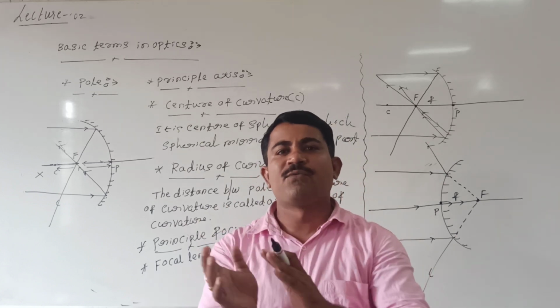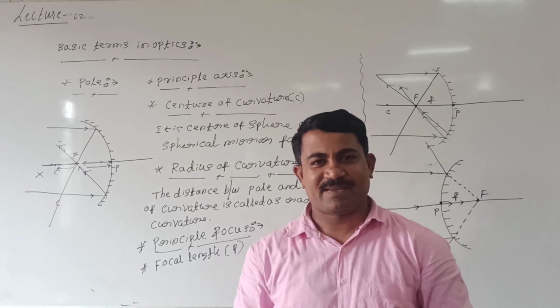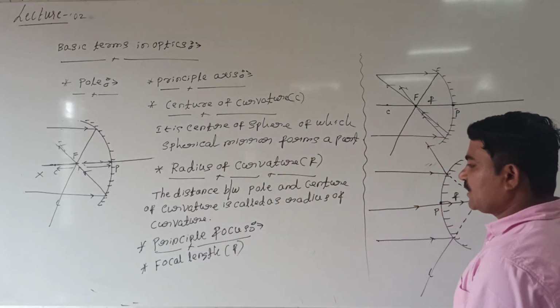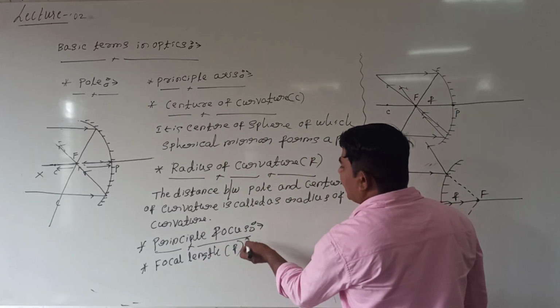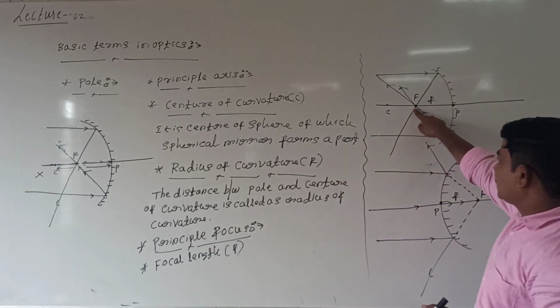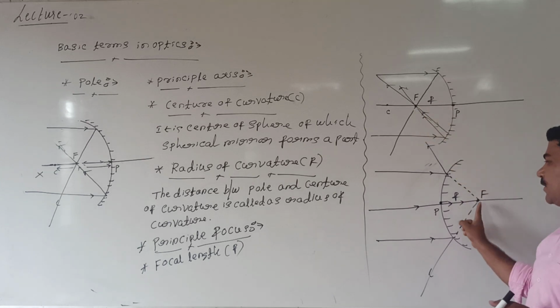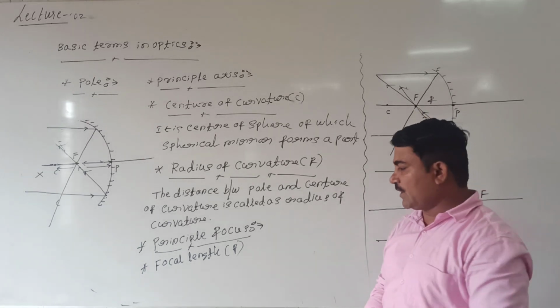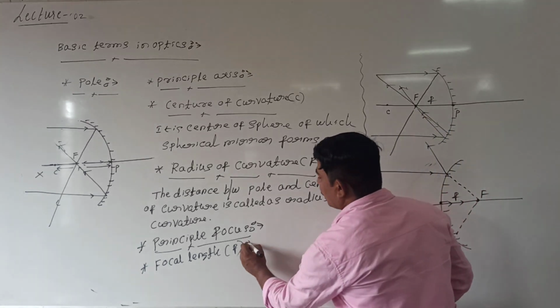Focal length of a mirror, focal length of a lens. See here, how to define this focal length? Look at me. I define principal focus in this way: the point on the principal axis where the rays of light meet or appear to meet, that point is called the principal focus. Then what is focal length?